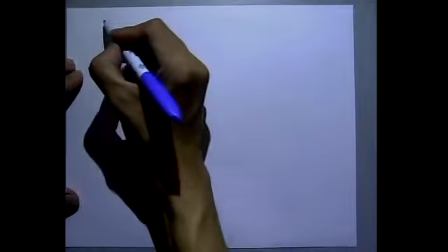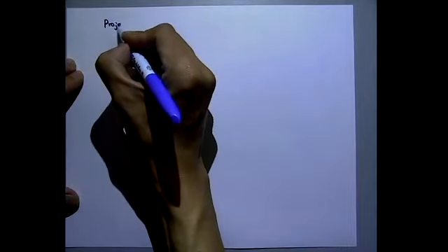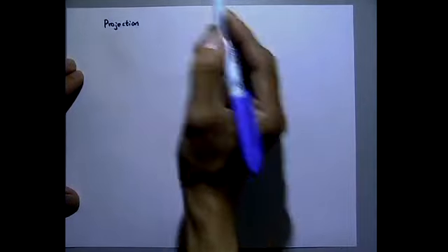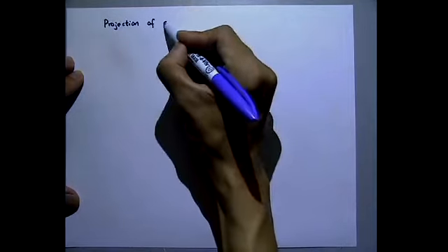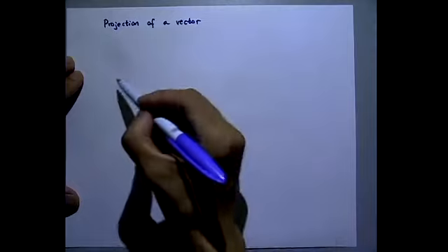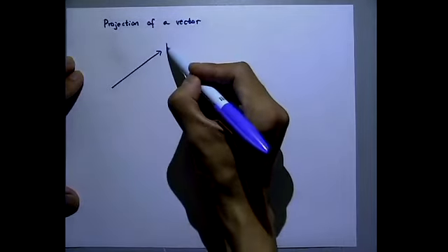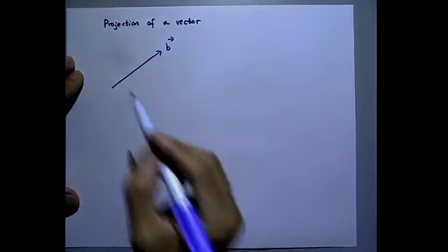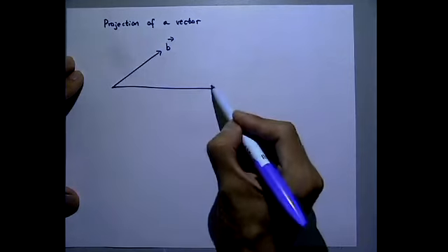The dot product is also very useful when it comes to calculating the projection of a vector. So here's my B vector, and here's my A vector.